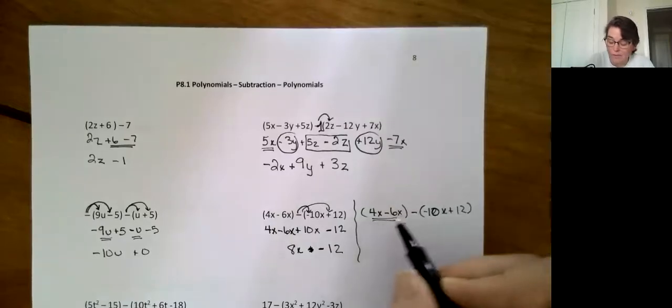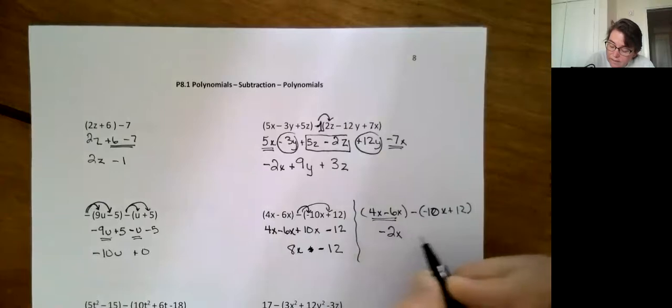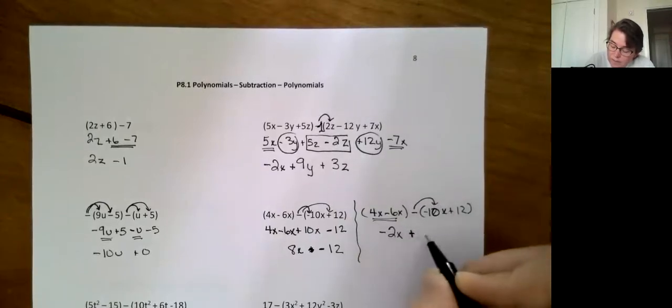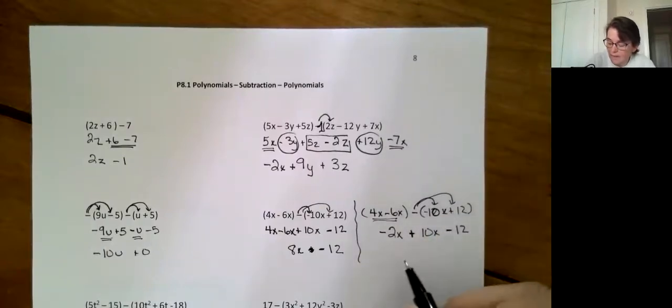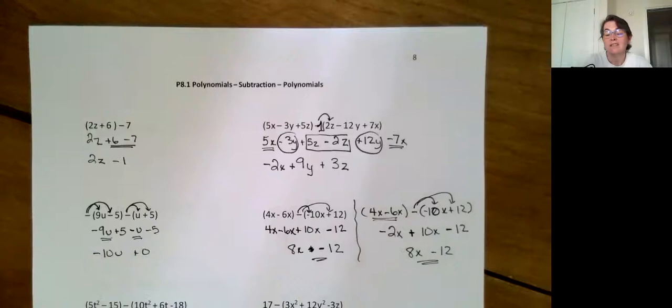But I should follow the rules. 4x minus 6x is minus 2x. And then minus, now we're going to distribute. So plus 10x minus 12. And minus 2x plus 10x is 8x. So you can see, it honestly made absolutely no difference that I missed that.